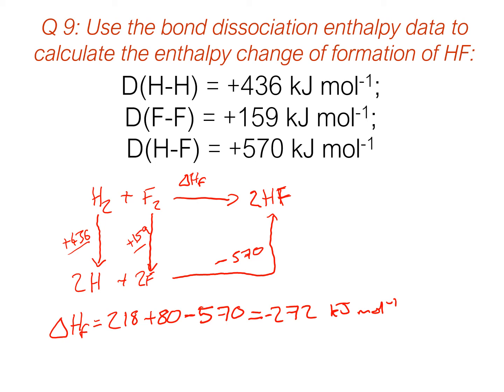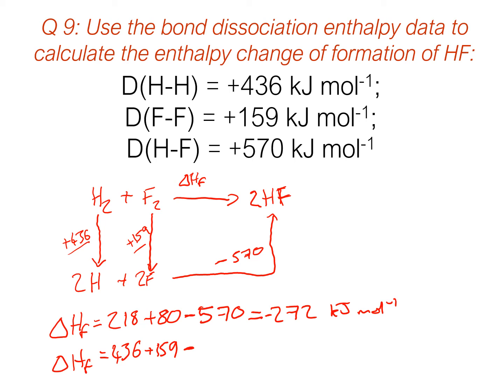Now the other way we can do it is by working out the formation of the 2 hydrogen fluorides. So in this case we can take the whole value of the bond dissociation for hydrogen, 436, adding it with the whole bond dissociation for fluorine, 159, and taking away 2 times the bond dissociation of hydrogen fluoride.